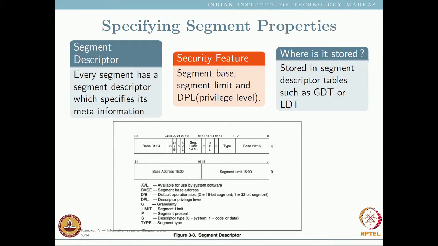Coming back to this, we had a notion of a segment descriptor. This segment descriptor introduces some amount of privileges, and then these descriptors are stored in the local descriptor and the global descriptor tables.